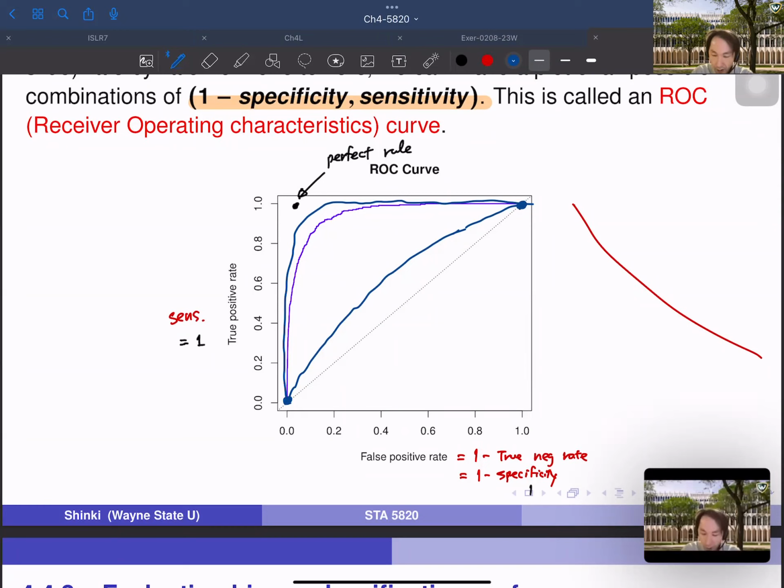So this point. So usually the curve is like this. And the random rule: with a random rule, the sensitivity and 1 minus specificity are the same. So this is the random rule.